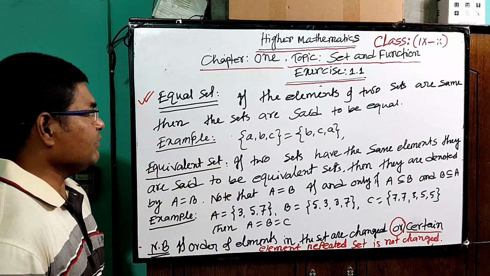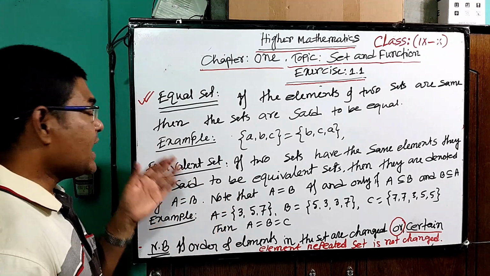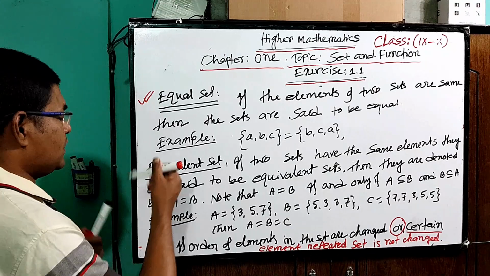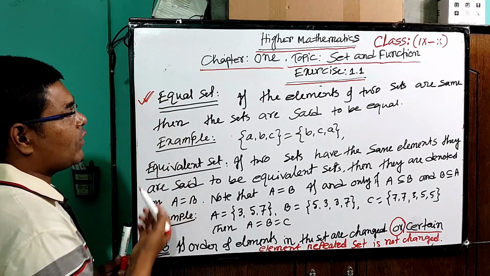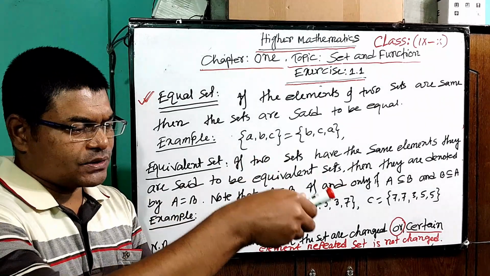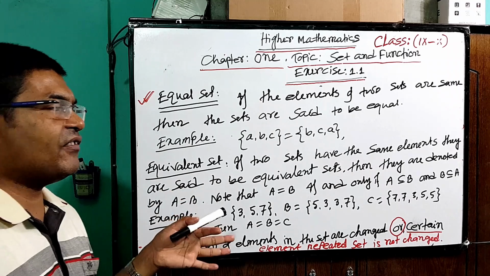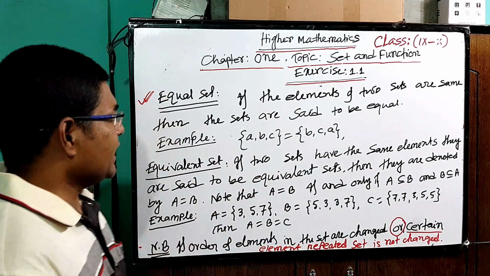Let's come to equal set. What is called equal set and equivalent set? You can see the equal set. Equal means this pen equals this pen. The number of elements is equal.